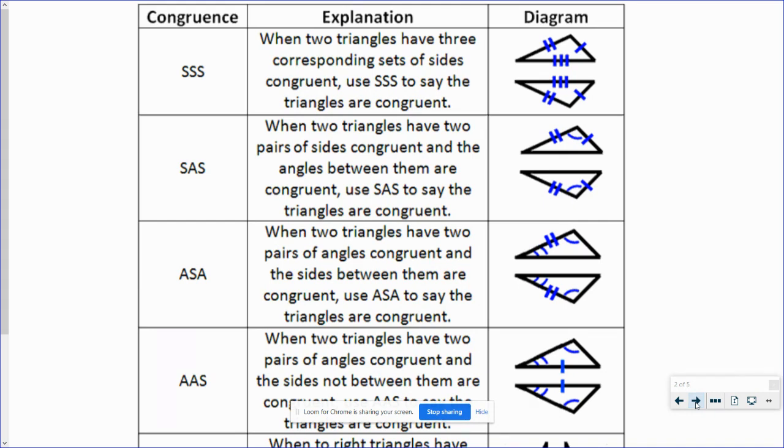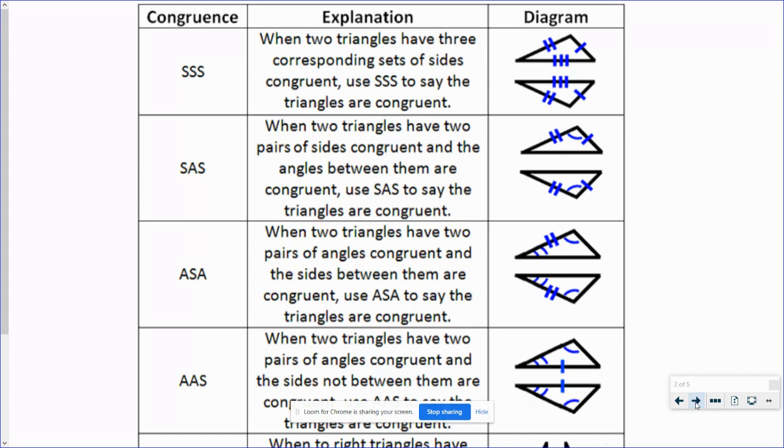Now, notice that the angle is in between the two sides. Okay, for side angle side, the angle has to be included between the two sides. Okay, if it's not, then it's a different one, or it may not work at all.